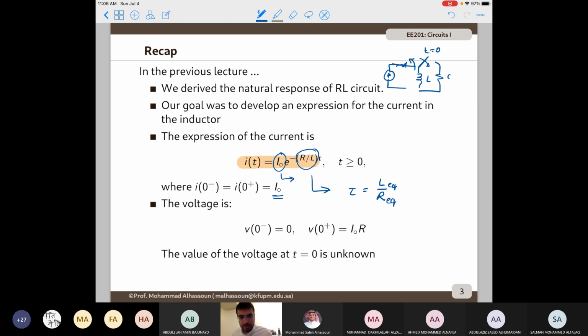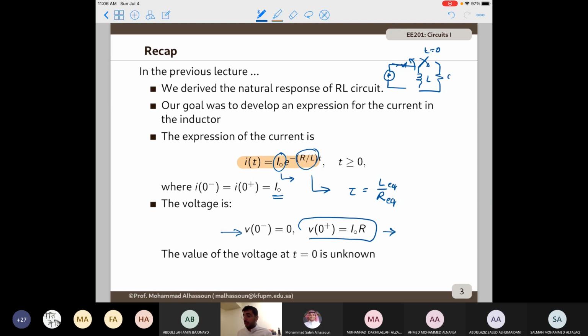From that, we can derive the voltage, and we saw that the voltage was 0 just before the switch is open, and if you take the current and differentiate it, you should get this expression, and evaluate it at 0, you should get this expression.